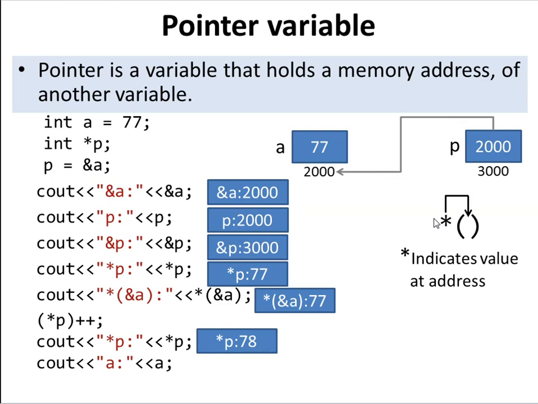If we remove this bracket, the pointer is incremented and will point to another location, maybe 2001 or 2002. Since integer a is 77, it will point to 2002. Then cout star p: star p we know is the value at 2000, which was 77. Now that we incremented it, it prints 78.